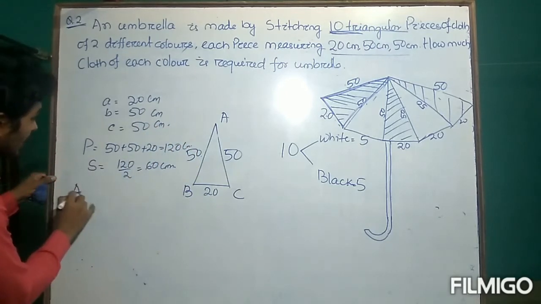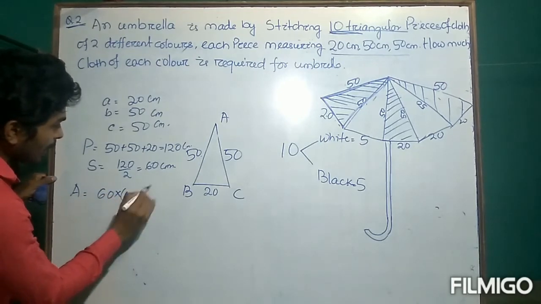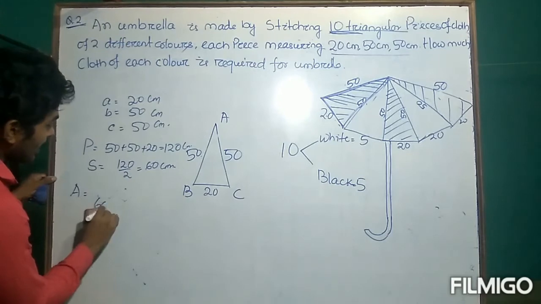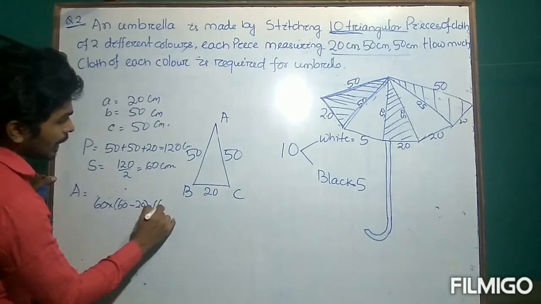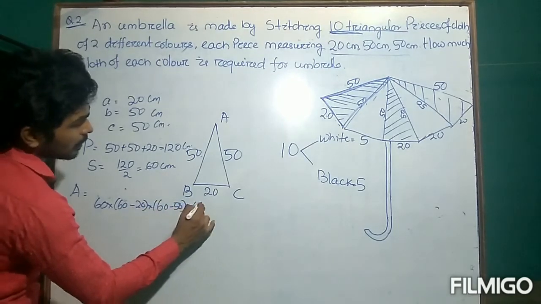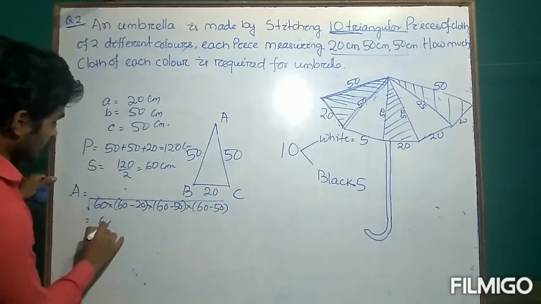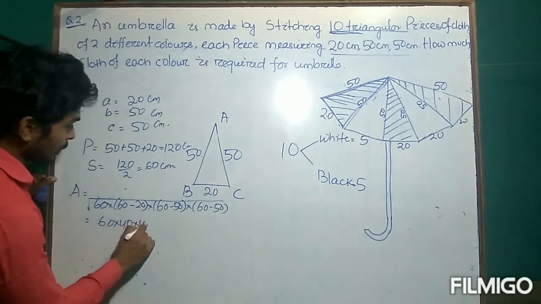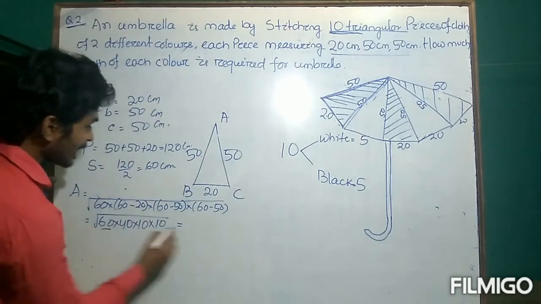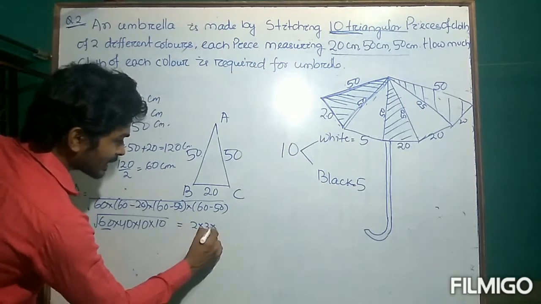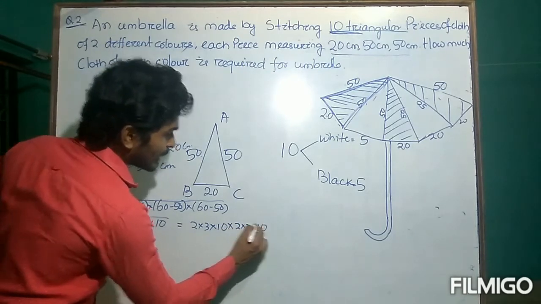Clear? Now we will find the area, which is square root of S into S minus A, S minus B, S minus C. So 60 into 40 into 10 into 10. 60 can be written as 2 into 3 into 10, and 40 can be written as 2 into 2 into 10.